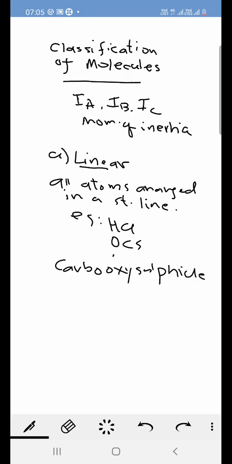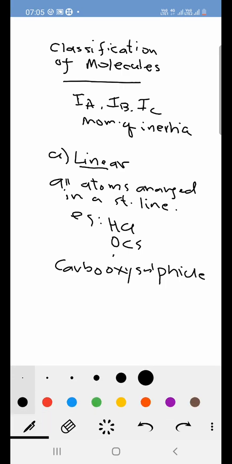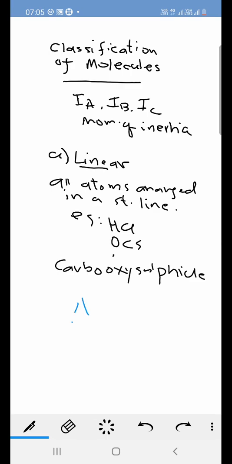As I told you, there are three directions of rotation if you take linear molecules. Consider a molecule A-B. This is a linear molecule, so it can rotate about the bond axis.